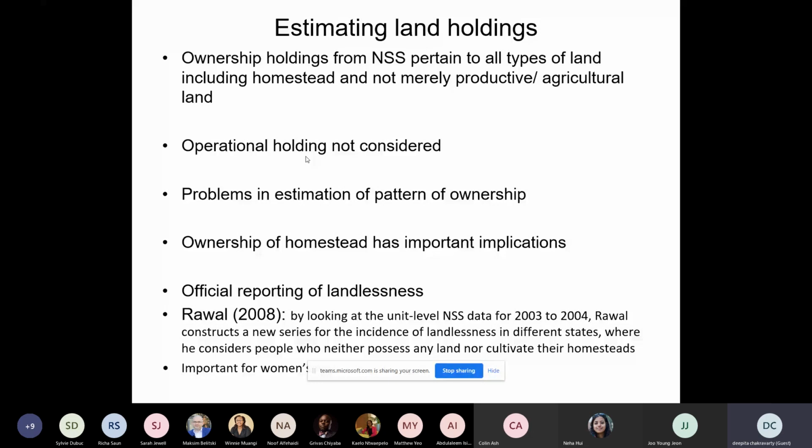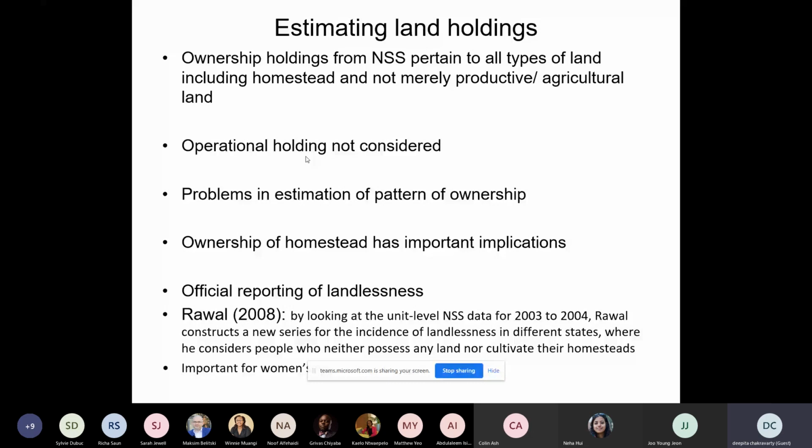So I have decided to make my life simpler. I've decided to concentrate only on the ownership holding. But then I've already said that there's a problem with ownership holding, that it also includes the homestead plot where production might not take place.